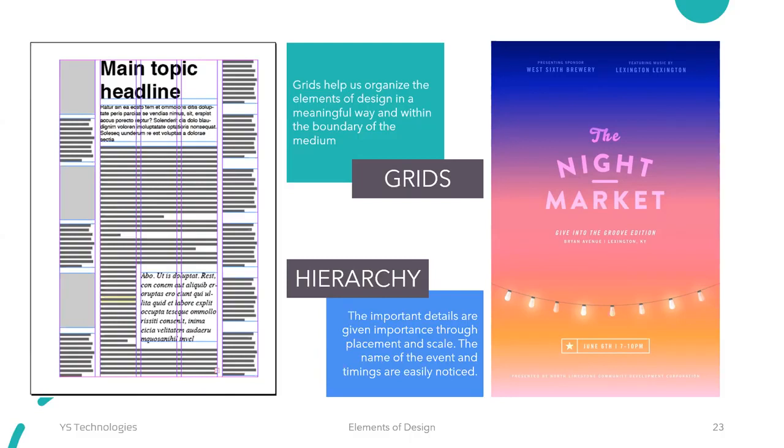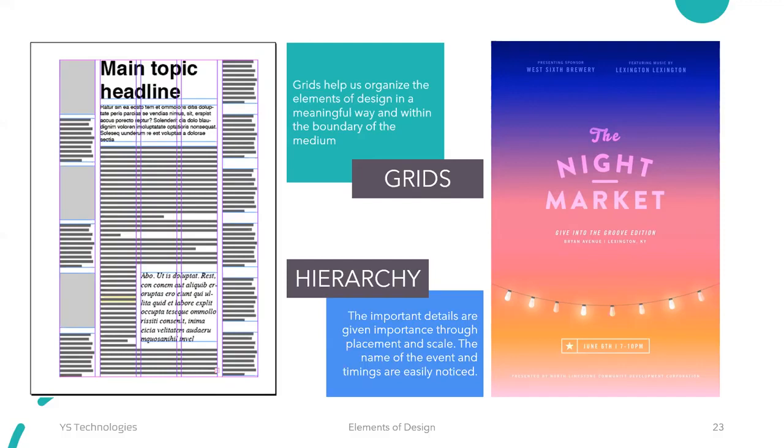Our eyes first look at the big text, the name, we get some idea. We look just below, we get a little more information about what it is. We find out where it's going to be, and then our eyes quickly look at the text within the box, and that gives us information about when it's going to happen.